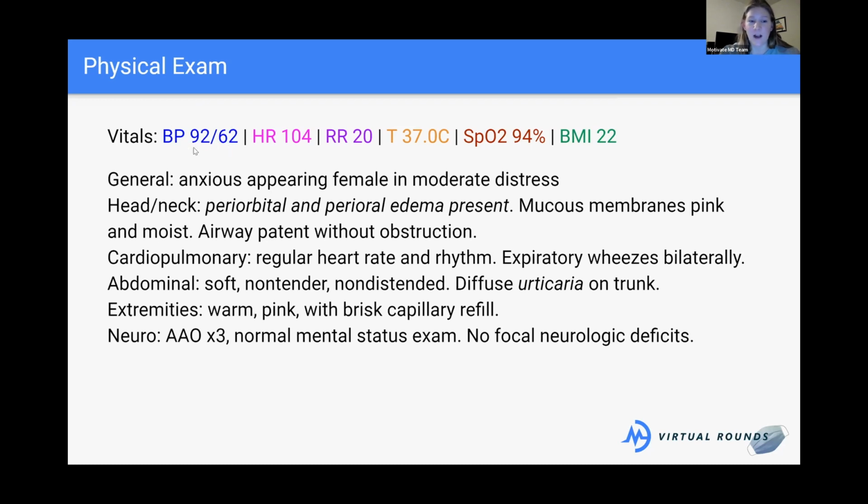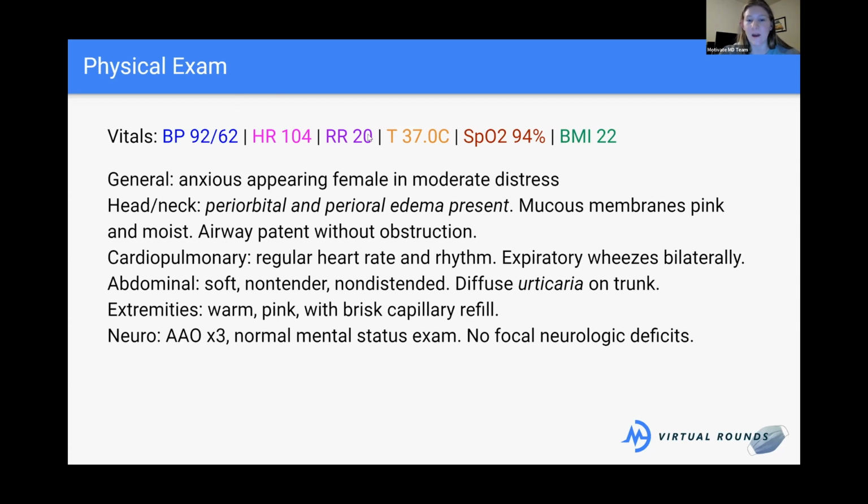So we're, again, borderline on a blood pressure that's low enough for us to really worry about. Same with heart rate. The normal resting heart rate for an adult is 60 to 100 beats per minute. So being slightly over that, again, kind of clues us into some possible hemodynamic instability.